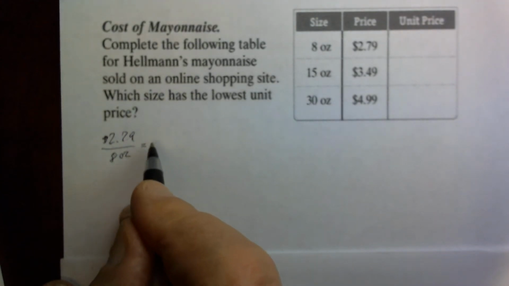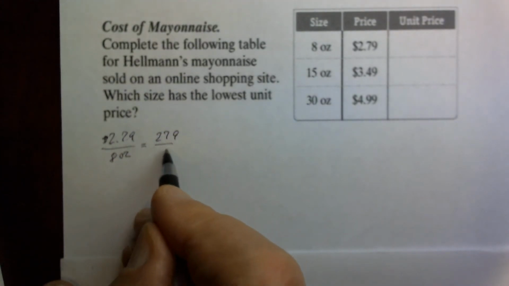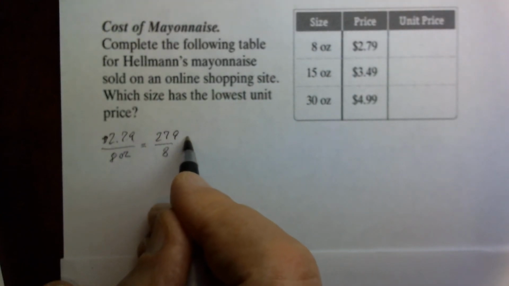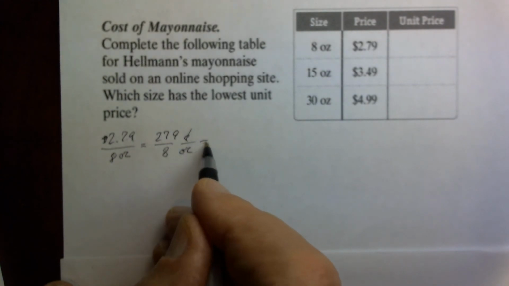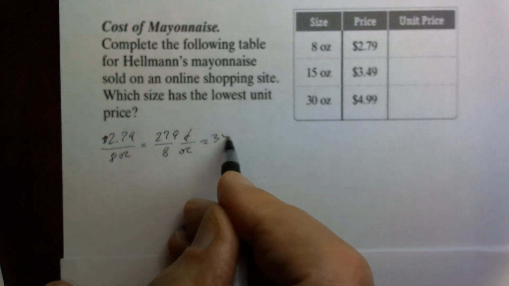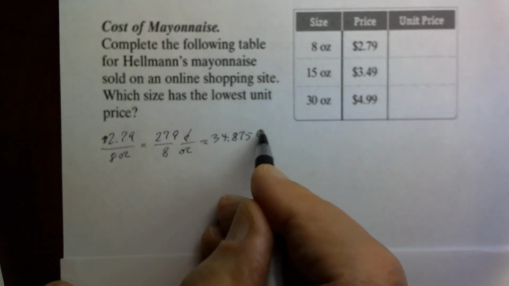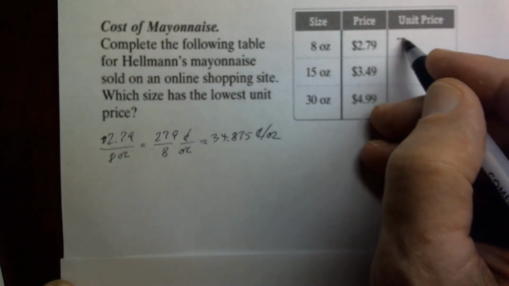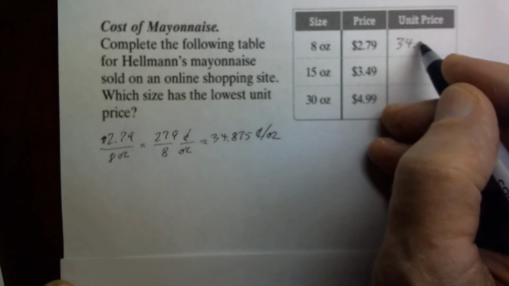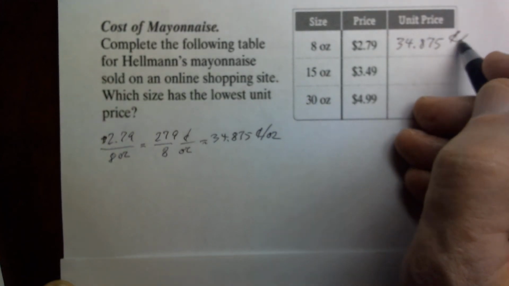And following the previous example, we can write it as 279 divided by 8 cents per ounce. That's approximately equal to 34.875 cents per ounce.